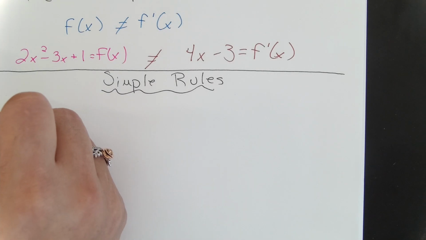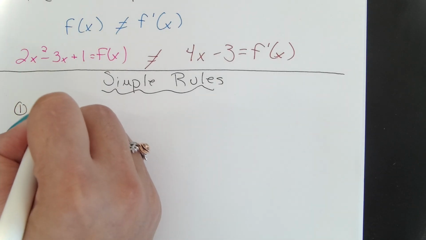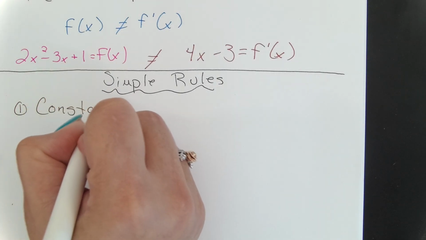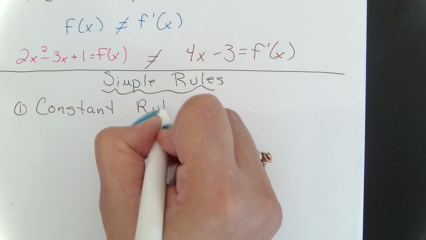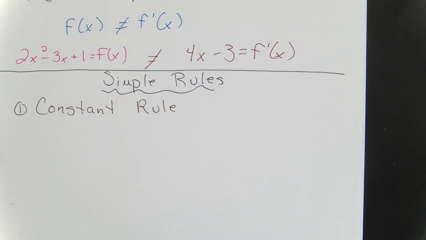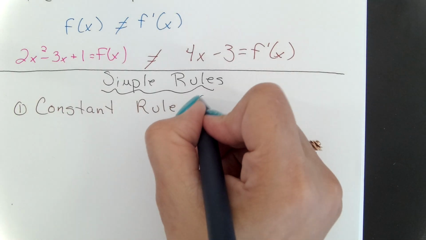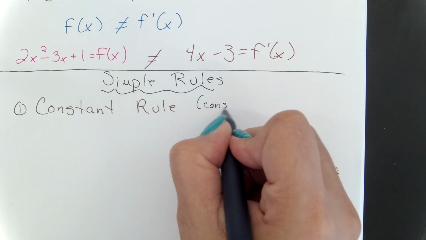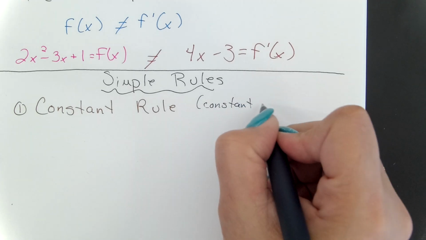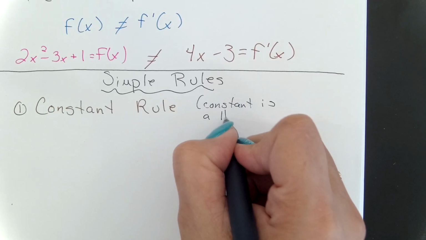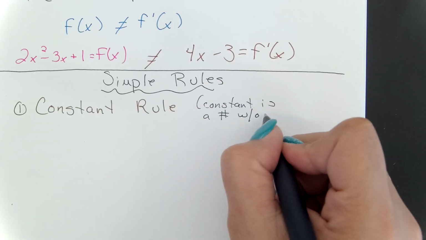The first rule I have is called the constant rule. Remember that a constant is a number without a variable.